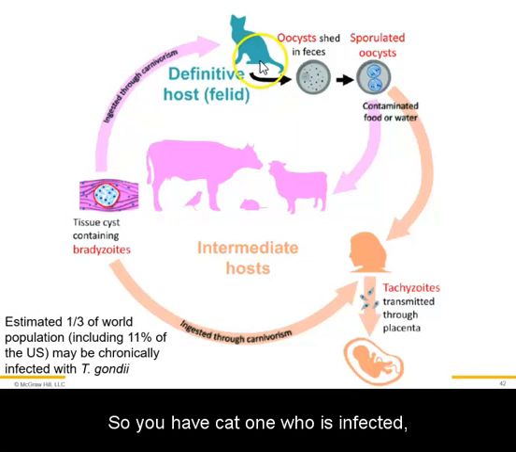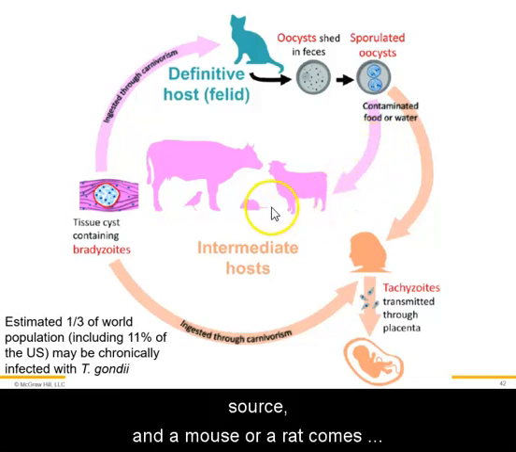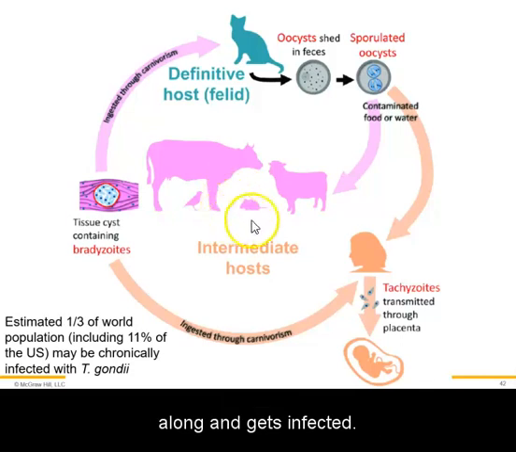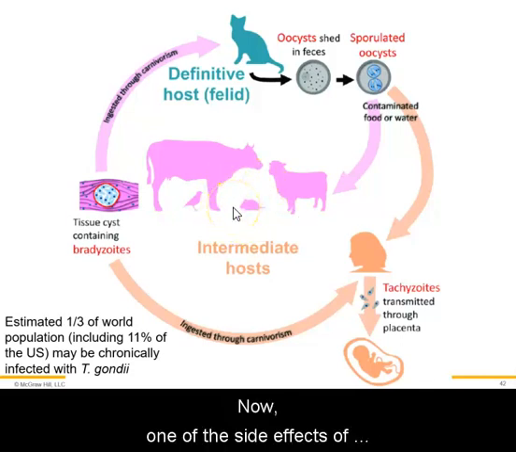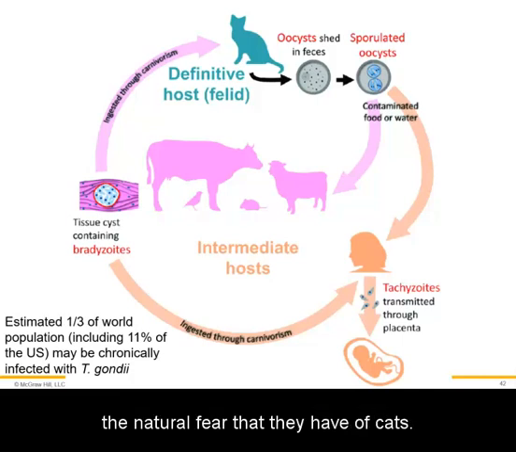So you have cat 1 who is infected, who sheds the oocysts. The oocysts contaminate a food source or a water source, and a mouse or a rat comes along and gets infected. Now, one of the side effects of toxoplasmosis in rodents is that they lose the natural fear that they have of cats.